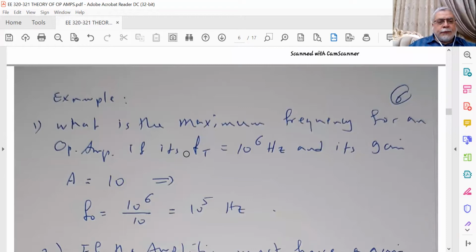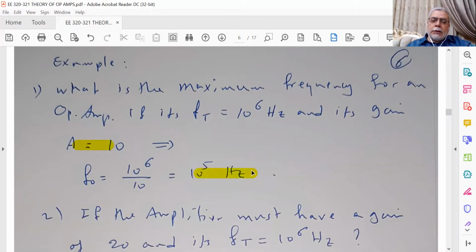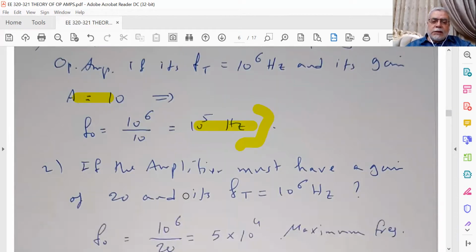This is an example for this circuit. What is the maximum frequency for an op amp if its ft equals 10 to 6 hertz and its gain must be 10? So 10 to 6 divided by 10 equals 10 to 5 hertz. This is the maximum frequency allowed for this circuit.